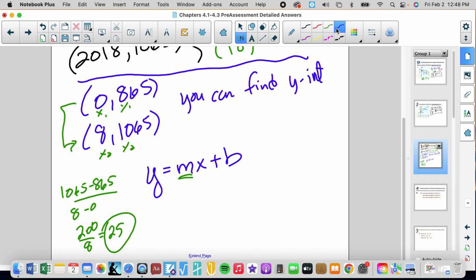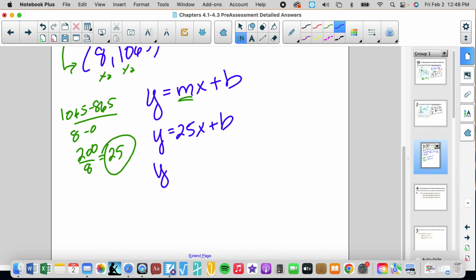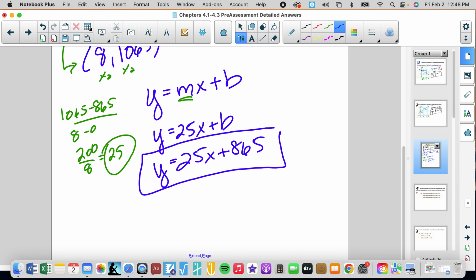So my new equation is y equals 25x plus b, and b represents my y-intercept. My y-intercept, remember, is when x equals 0, and oh my goodness, we have the y-intercept. So my y-intercept is going to be 865. So we now have an equation that represents that information.